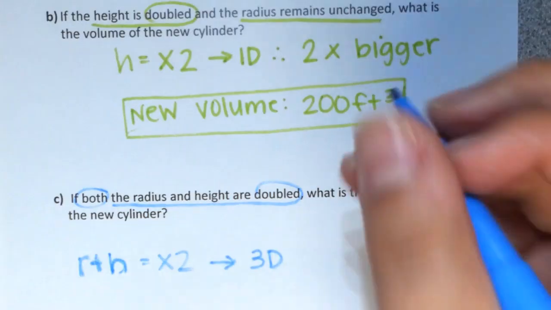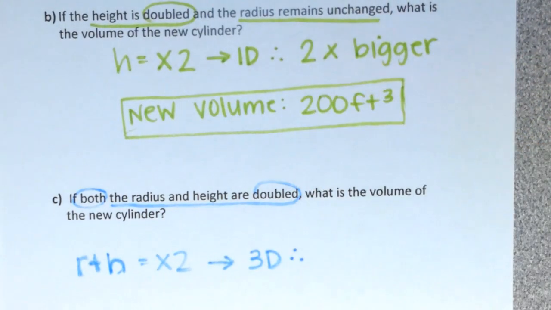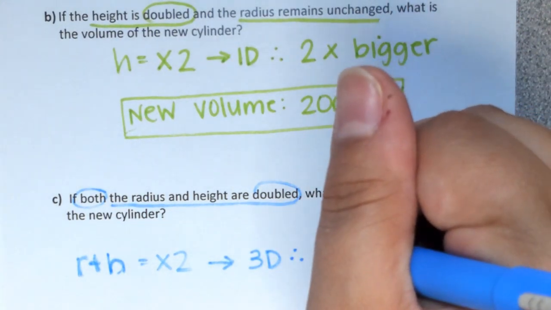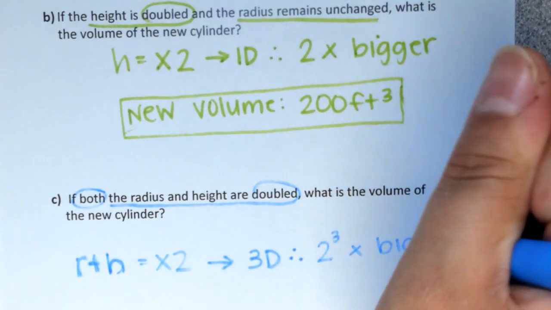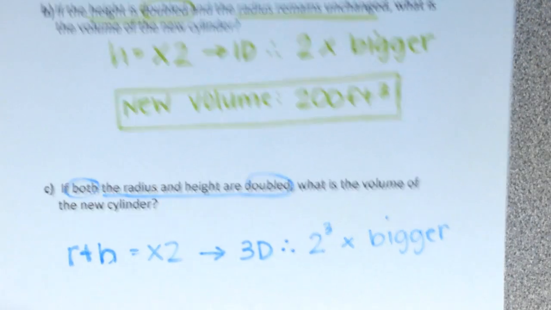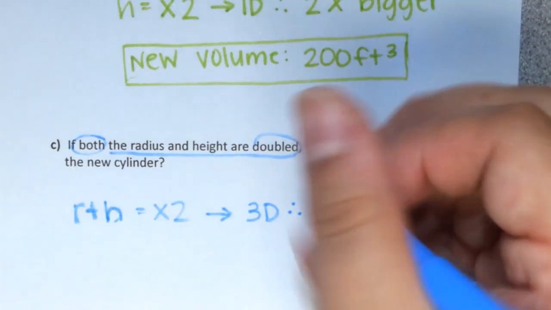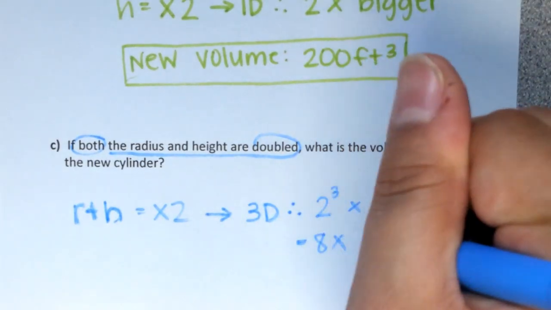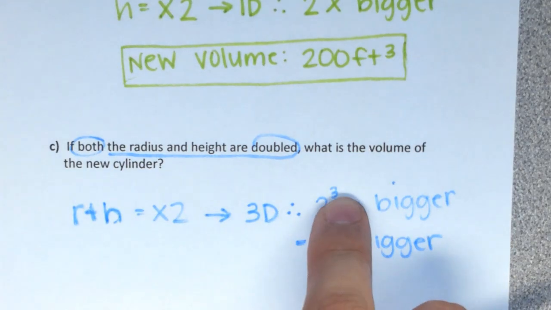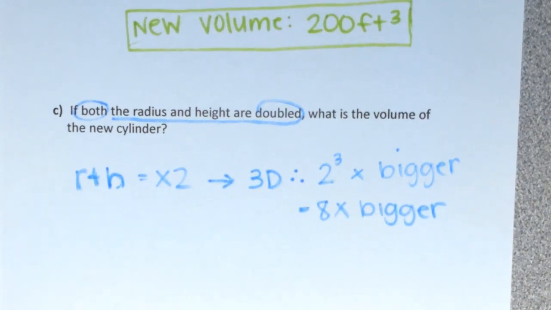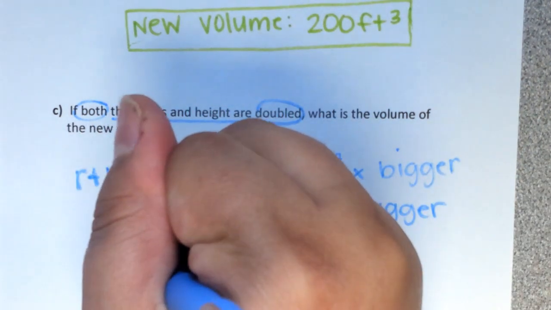So because it's all 3 dimensions, what does that mean? 2 cubed times bigger. And what is 2 cubed? 8 times bigger. Because it's 3 dimensions, you're going to cube it. 2 times 2 times 2 is 8. And what is my new volume going to be?